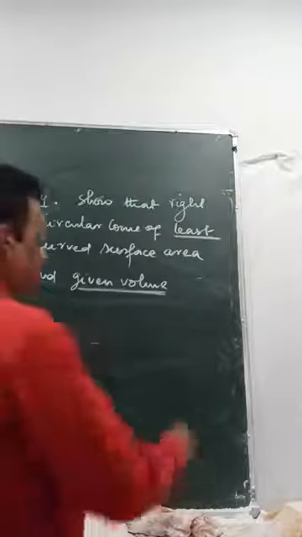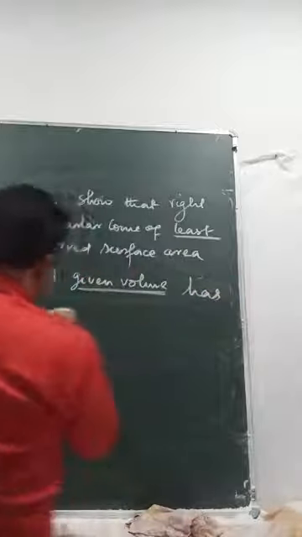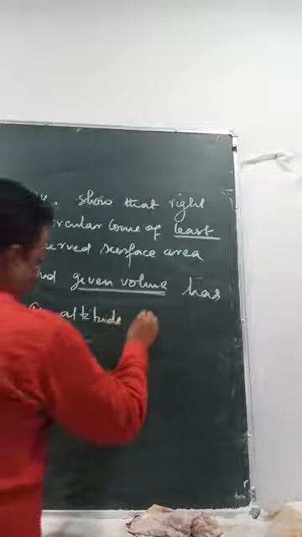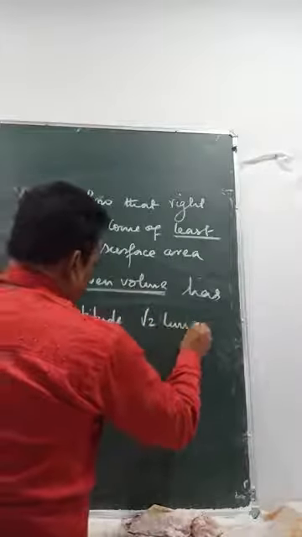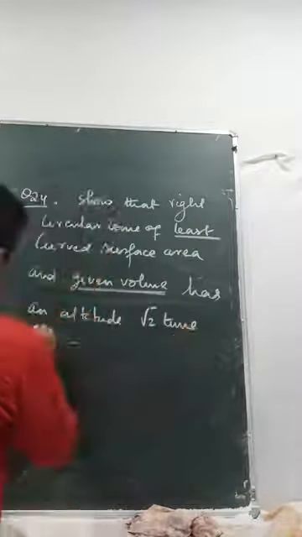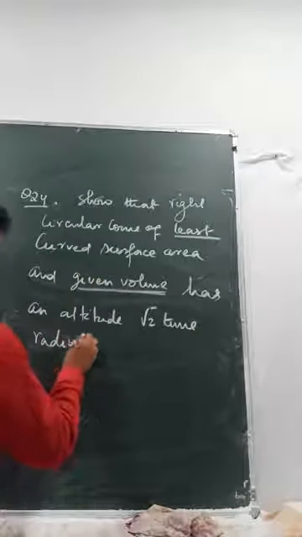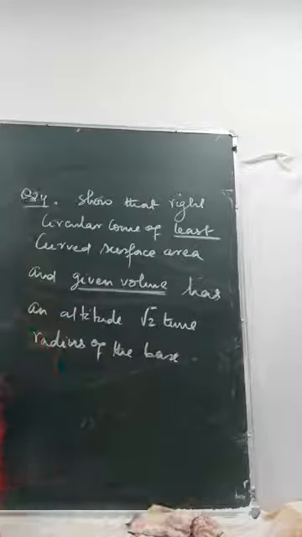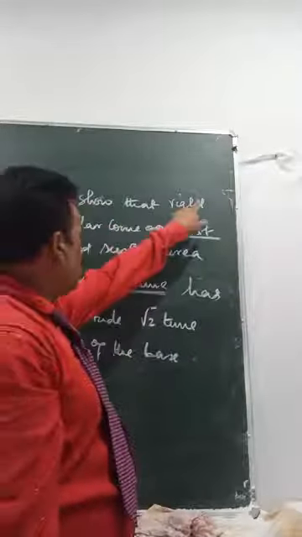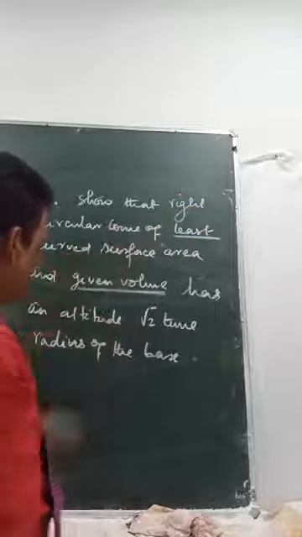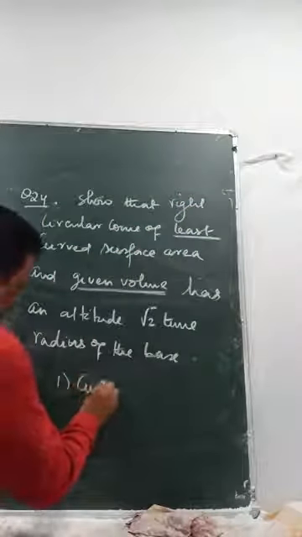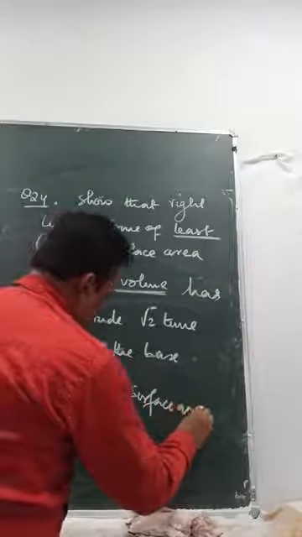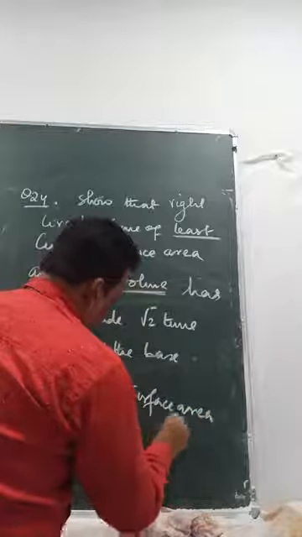Has an altitude √2 times radius of the base. Okay, let's see what is given. Right circular cone of least curved surface area is minimum.